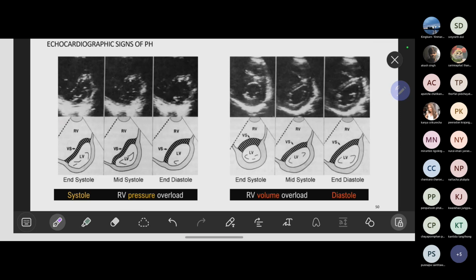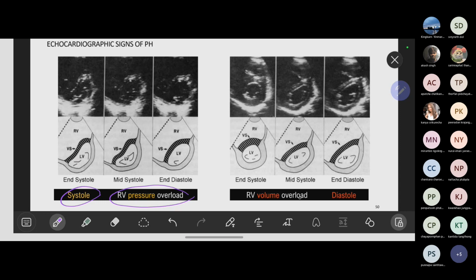This slide shows RV pressure and RV volume overload can lead to flattening of the ventricular septum. RV pressure overload causes eccentricity of the interventricular septum during systole, such as in a patient with isolated RV pressure overload due to primary pulmonary hypertension or pulmonary arterial hypertension.